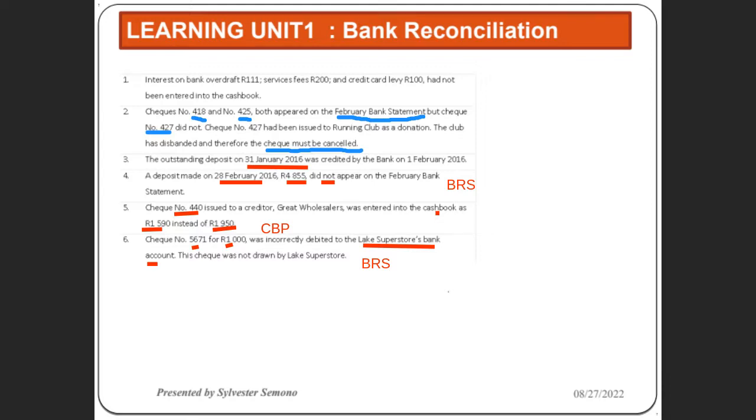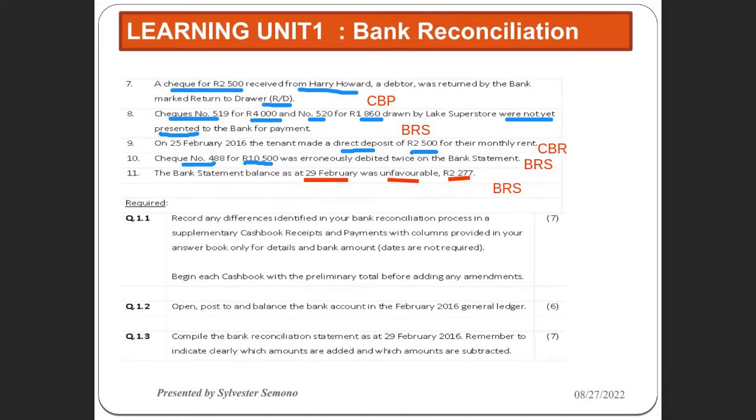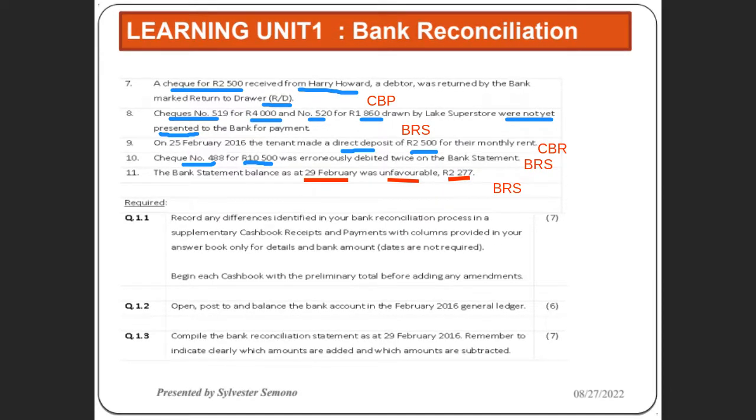No, we don't have anything here. Remember, I'm looking for outstanding checks only. I think it's number 8. Can you see number 8? Yes, sir. Check number 519 and check number 520. I'm going to record them as my outstanding checks. Only 2 of them.